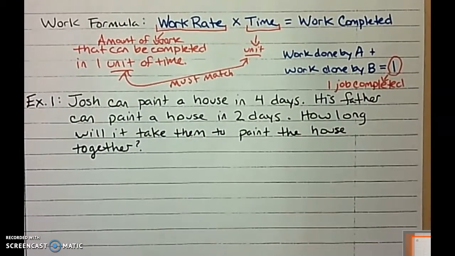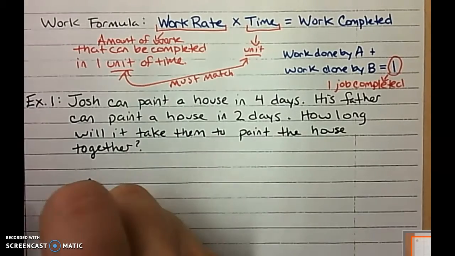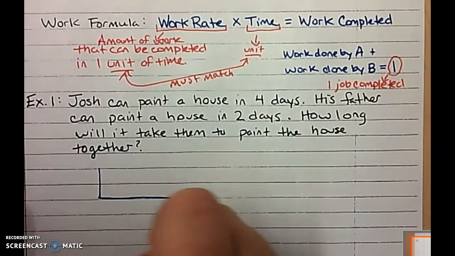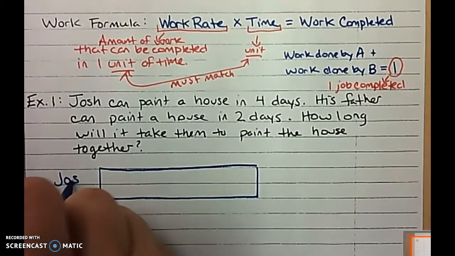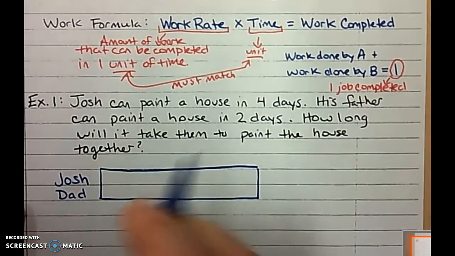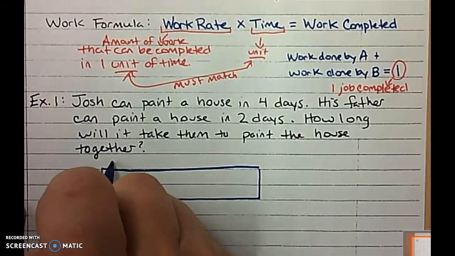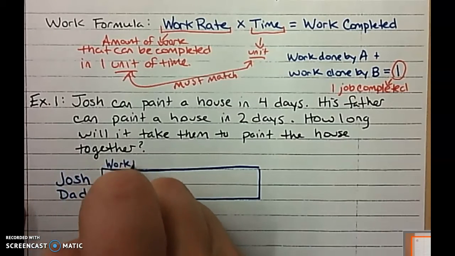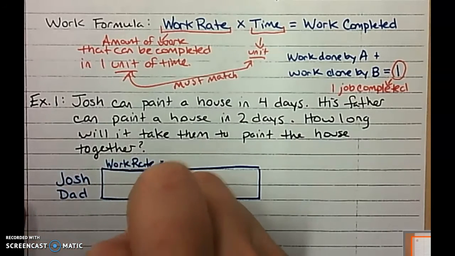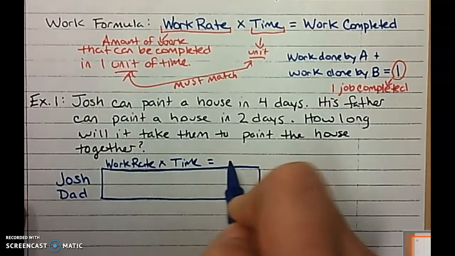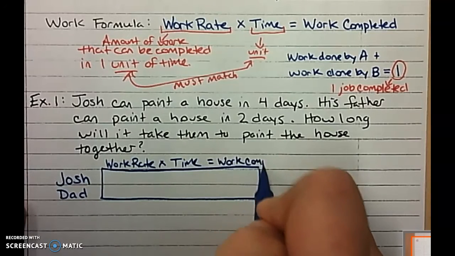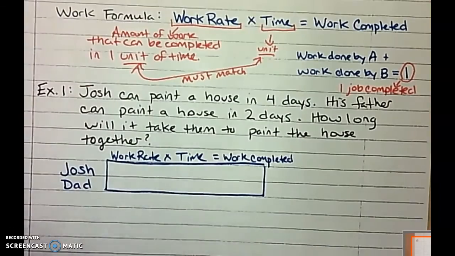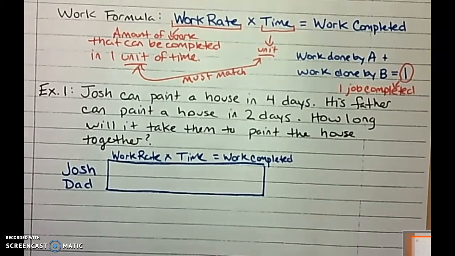Okay, so let's go ahead and set up a table now that we read this problem. We have Josh and we have his dad. We have our work rate times our time equals the work completed. And I'm actually going to use variables for this after this problem.